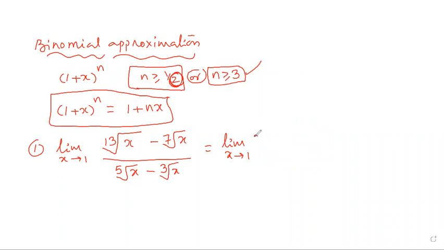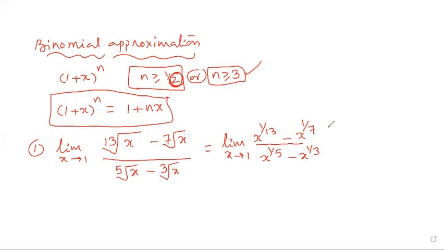So x power of 1 by 13, where 13 is greater than 2, minus x power of 1 by 7, where 7 is greater than 2. Next, x power of 1 by 5, where 5 is greater than 2, minus x power of 1 by 3.